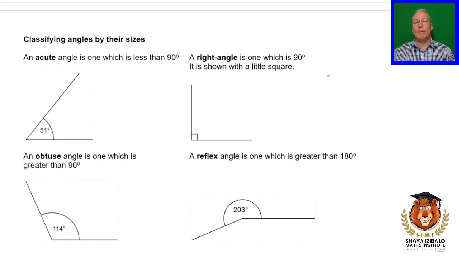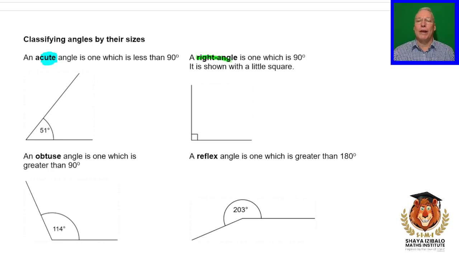The next thing we're going to talk about is angles and their sizes. An acute angle is one which is less than 90 degrees. I think quite an easy one to remember, easy word, cute. Small things are often cute. A right angle is one which is 90 degrees.